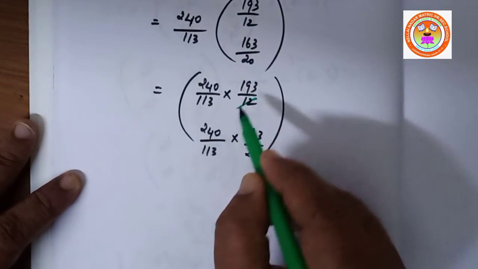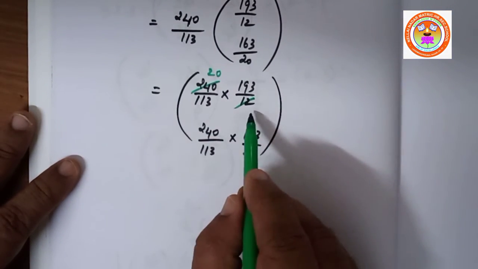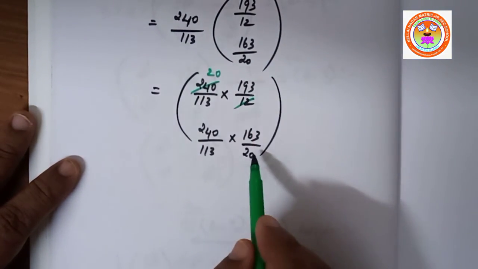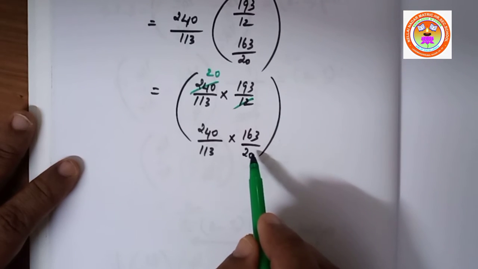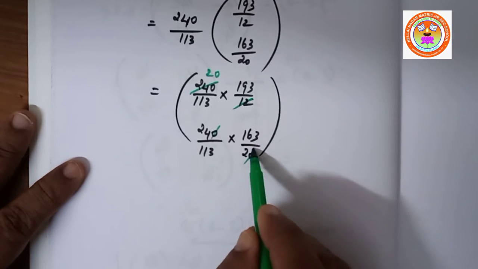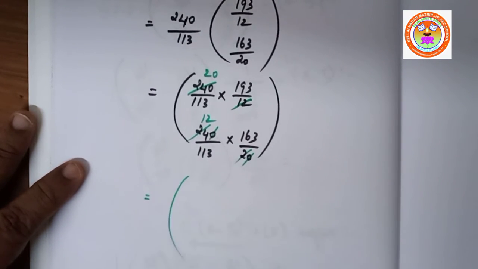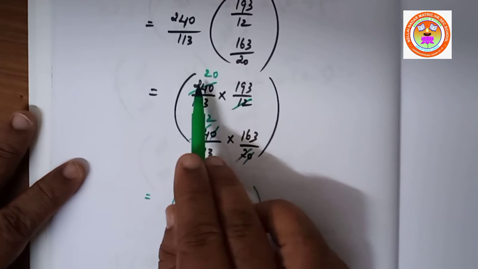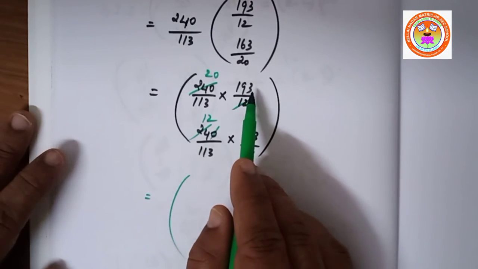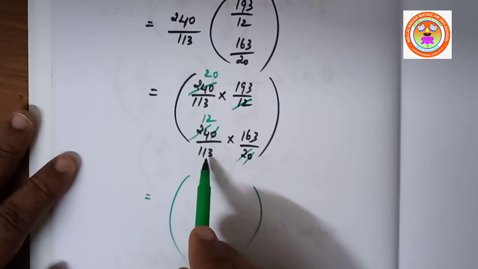We can cancel by 12 table 20 times: 12 ones are 12, 20s are 240. Here we can cancel by 20 table, or 0 0 get cancelled, 2 table 12 times. Then multiply 20 and 193 and divide by 113.